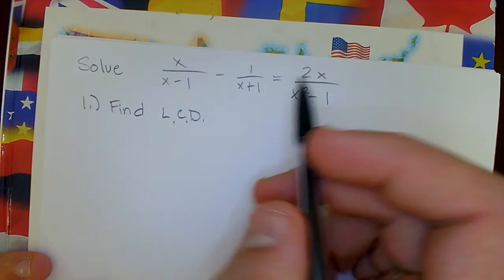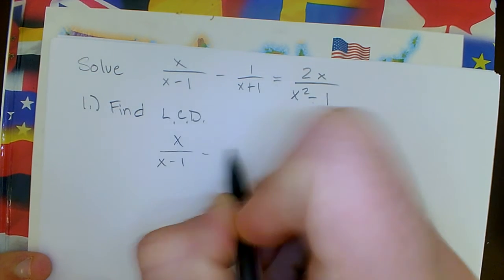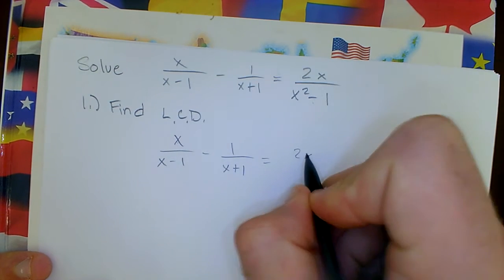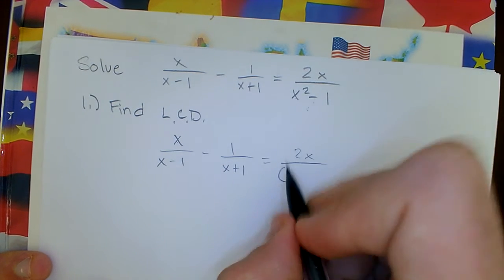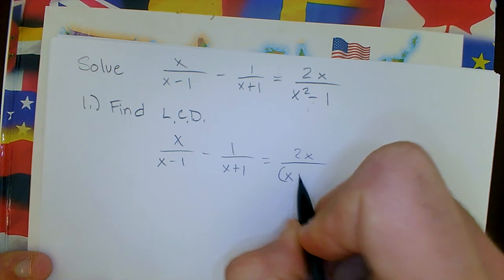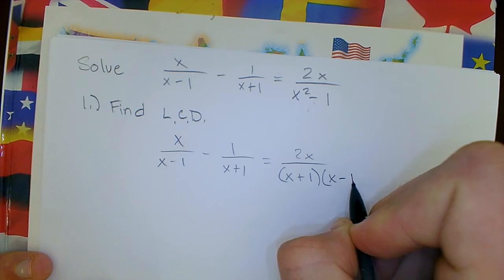So I'm going to rewrite this equation here real quick. x over x minus 1 minus 1 over x plus 1 equals 2x, and the only thing I'm changing here is I'm just factoring that denominator. So a squared minus b squared is the same as a plus b times a minus b.